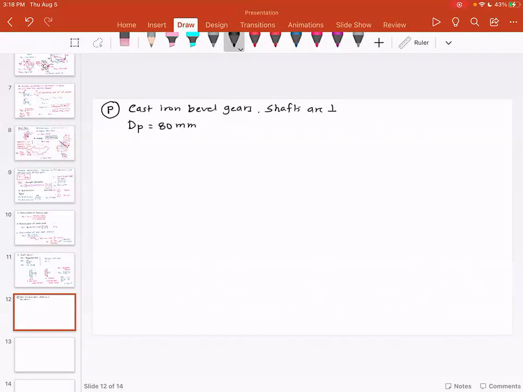Diameter of the pinion is 80 millimeters. Diameter of the gear is 100 millimeters. The tooth profile is 14.5 composite.